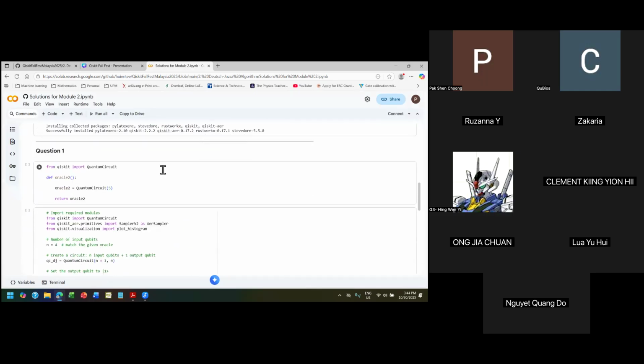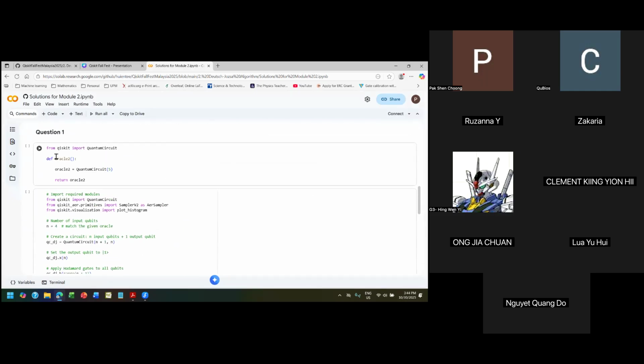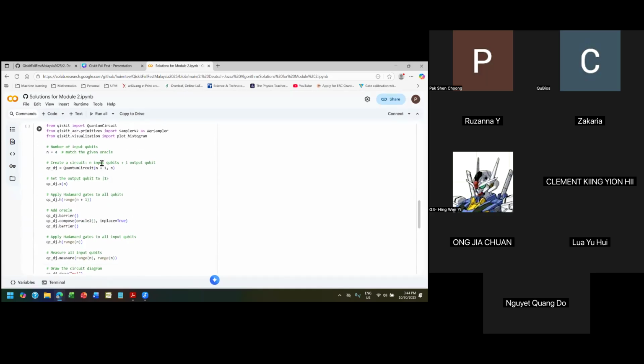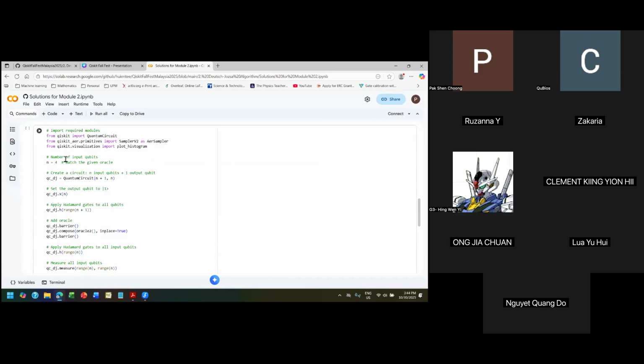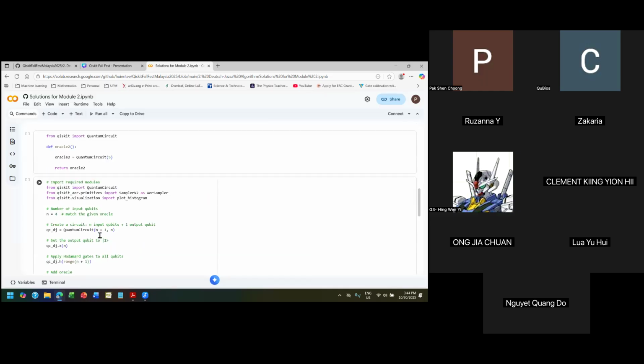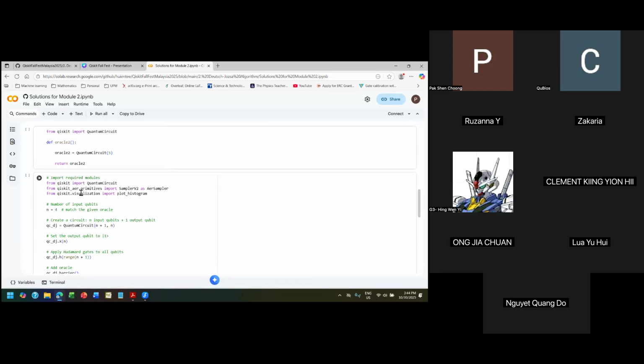So this part is our oracle that we have just defined. For now, we have 4 input qubits, because as you can see, this oracle is a quantum circuit with 5 qubits.